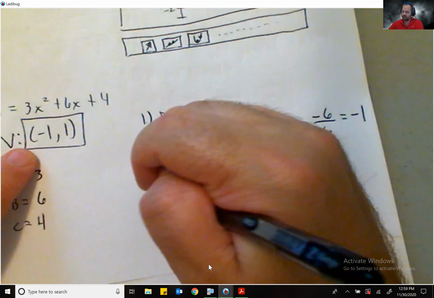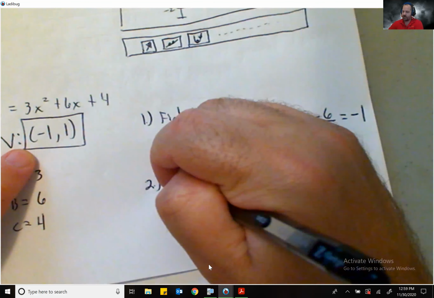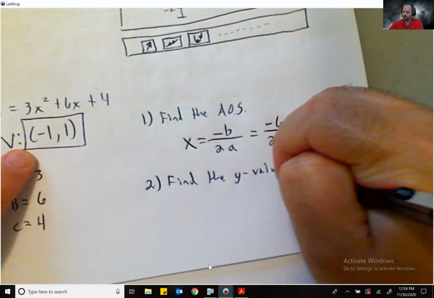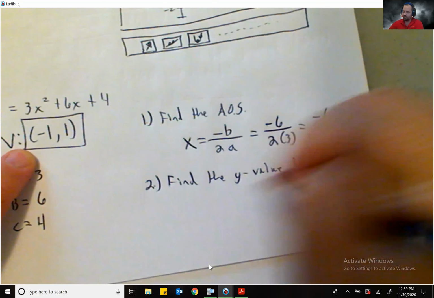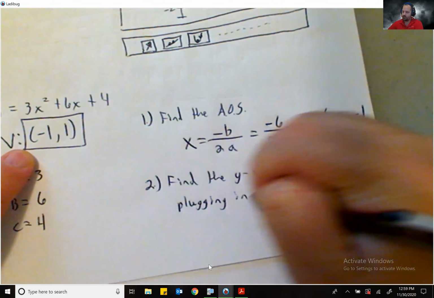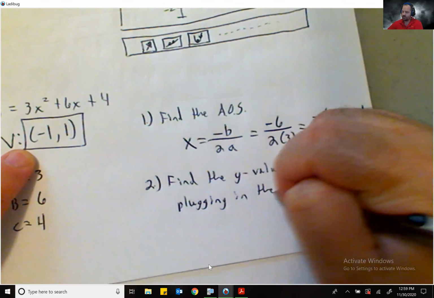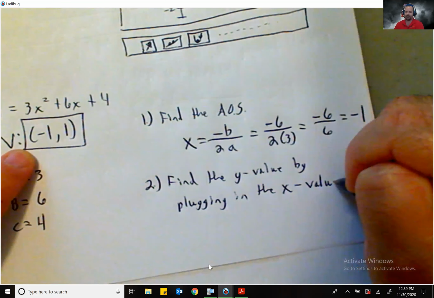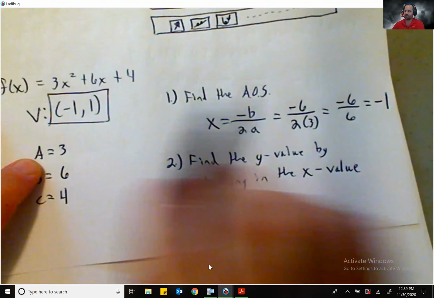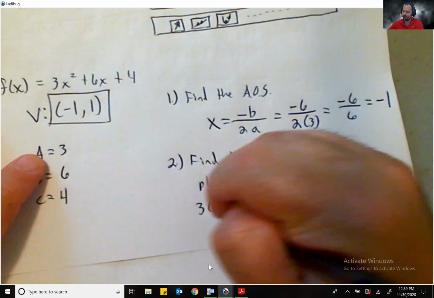Then after that, find the Y value by plugging in the X value. So all we got to do is take negative 1 and put it in for X, and that will tell us the Y value.